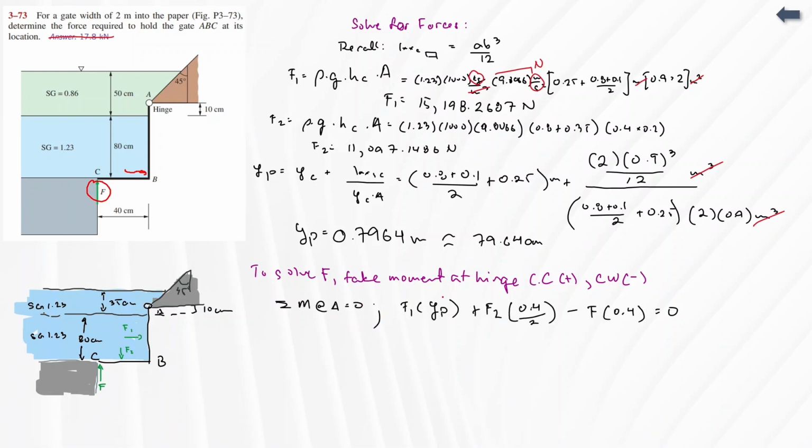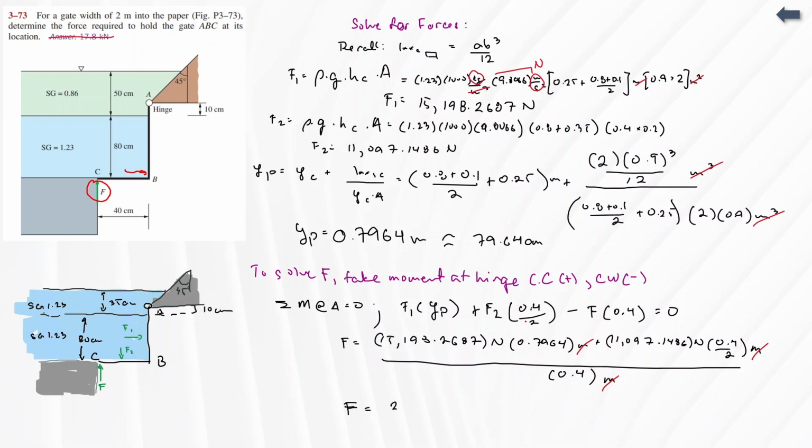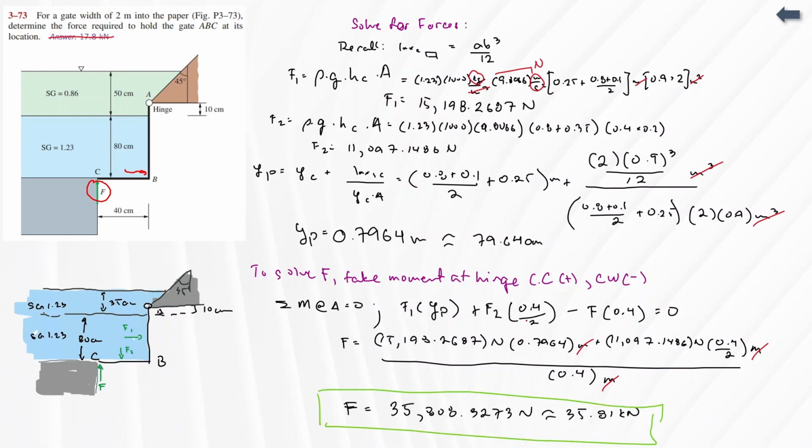So F1 times YP, and then F2, and you will yield 35.81 kilonewtons.